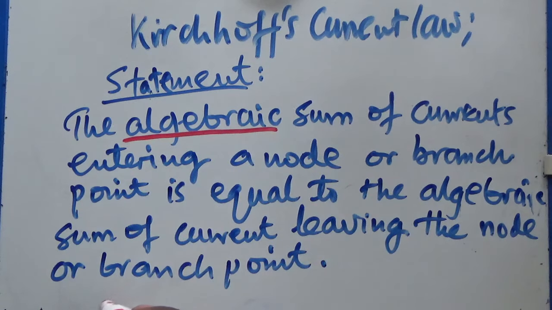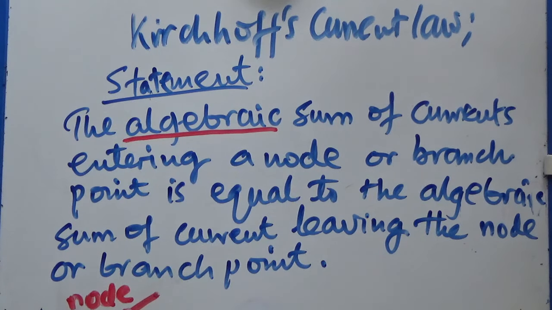When we talk of a node, it is like a wire, and then you join other 2 wires or 3 or 4. This is what we call a node. A node is a branch point.